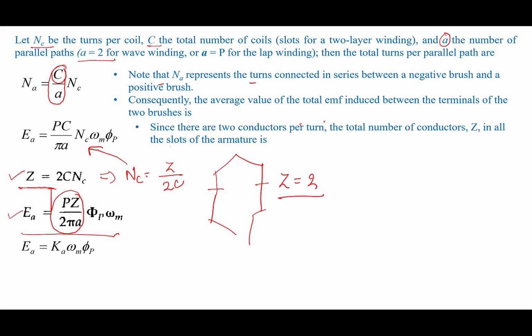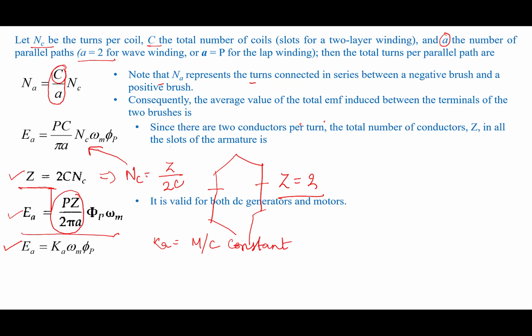So your induced EMF can be written in terms of a constant Ka as Ka phi omega m. K is sometimes called the machine constant.